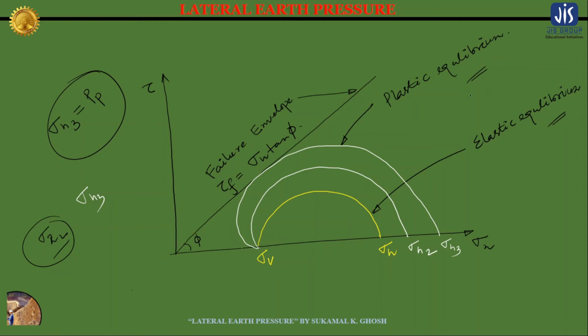So this sigma h3 is the passive earth pressure, and from the figure also you may understand that sigma h is less than sigma h2 and sigma h2 is also less than sigma h3, which is actually the passive earth pressure, okay.